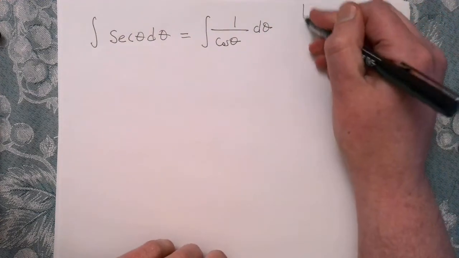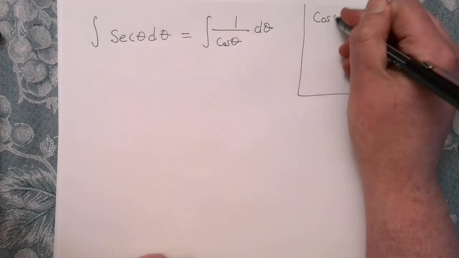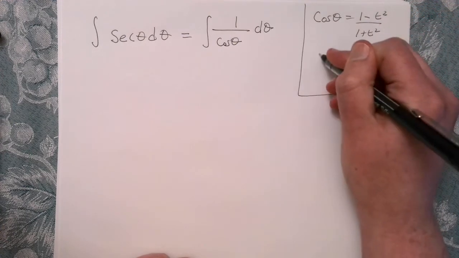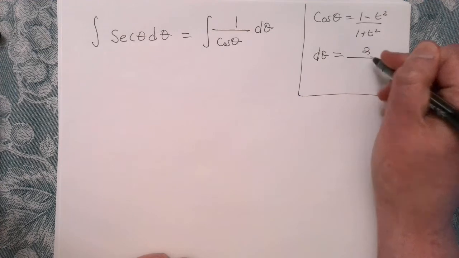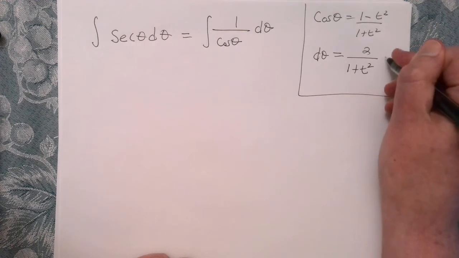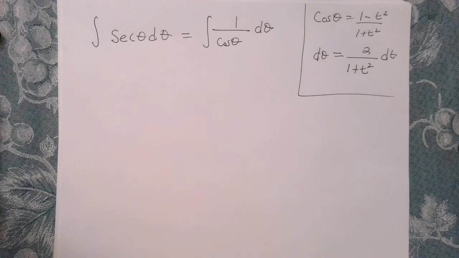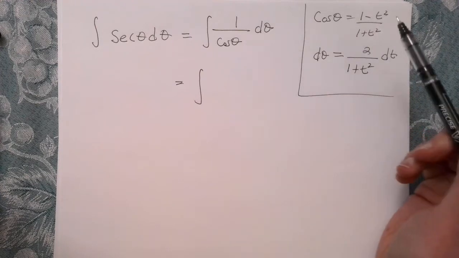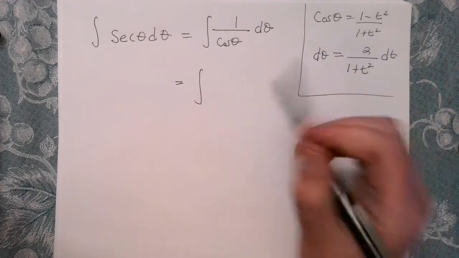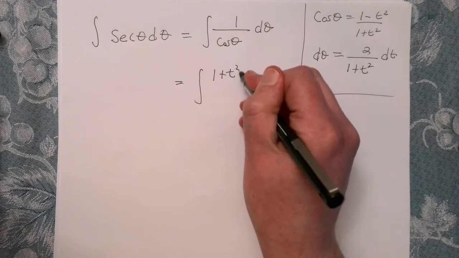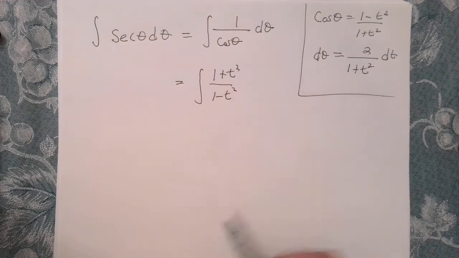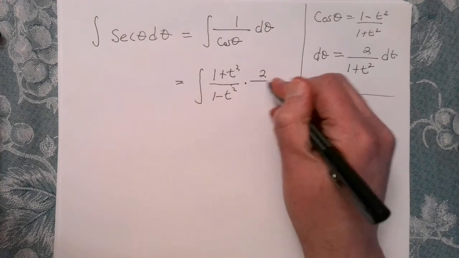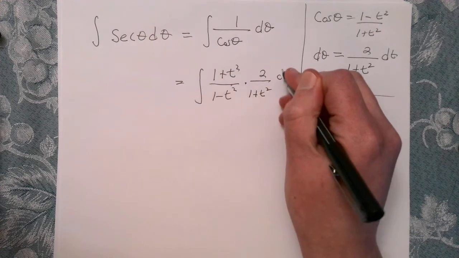And again, we want to remember that cosine of theta is equal to 1 minus t squared over 1 plus t squared, and that d theta is equal to 2 over 1 plus t squared dt. Okay, so 1 over cosine just means the reciprocal of cosine, so just flip this. So I've got 1 plus t squared over 1 minus t squared. And d theta is exactly this: 2 over 1 plus t squared dt.